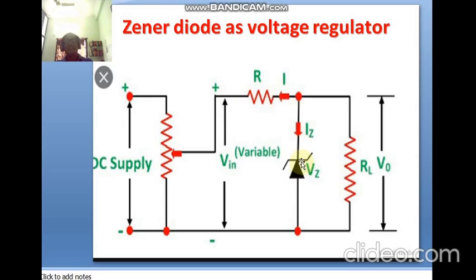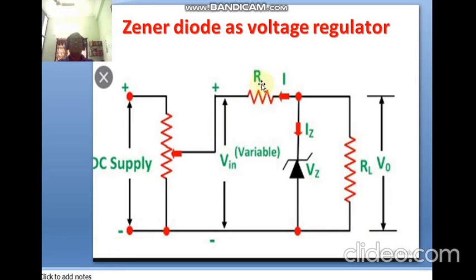So the Zener voltage is constant in the Zener diode, even though high or low currents come from this resistance. Iz is supplied to the Zener diode, the load current IL is coming, and we take the output voltage between the RL terminals. So this is the output.